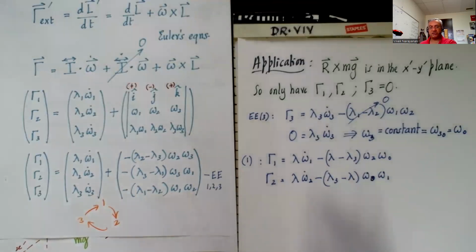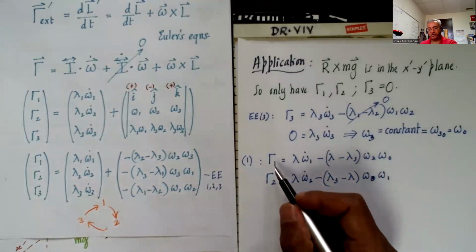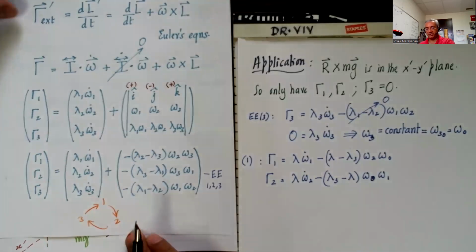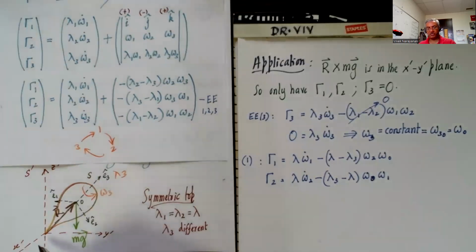Now I'm going to differentiate the first equation. If I differentiate the first equation, I'm going to get the rate of change of torque. Now, think about that. The torque involves R cross mg. In the examples I showed you, the top does slowly tilt, but in robust examples like the Earth, the tilt never changes. It's 23.5 degrees for millions of years. So R cross mg will not really change with time that much.